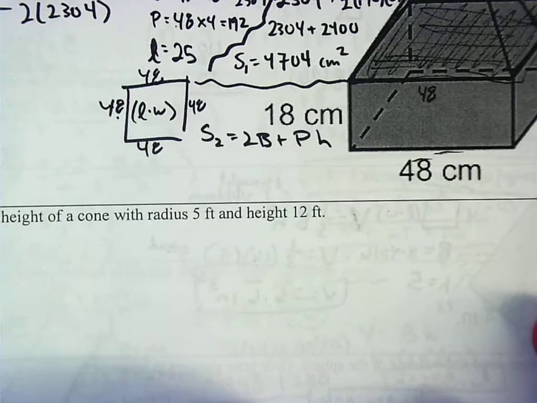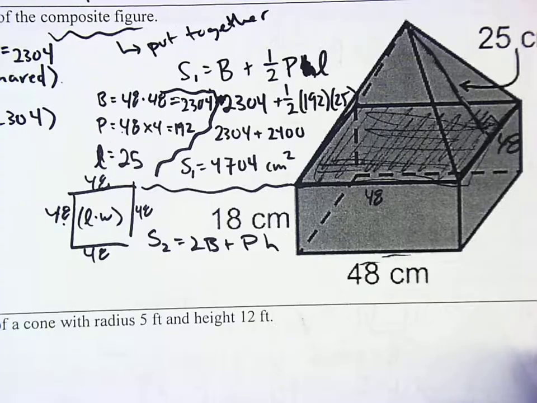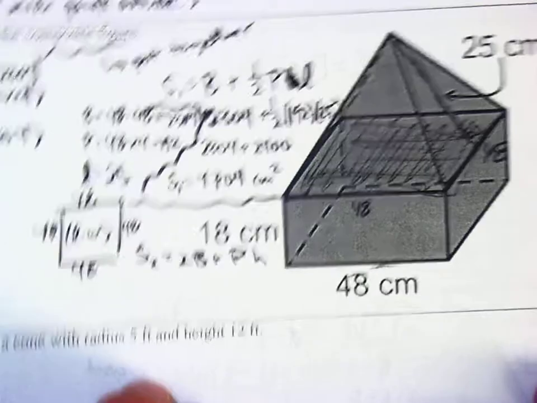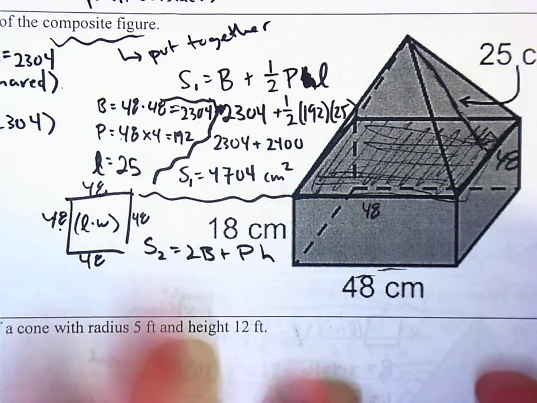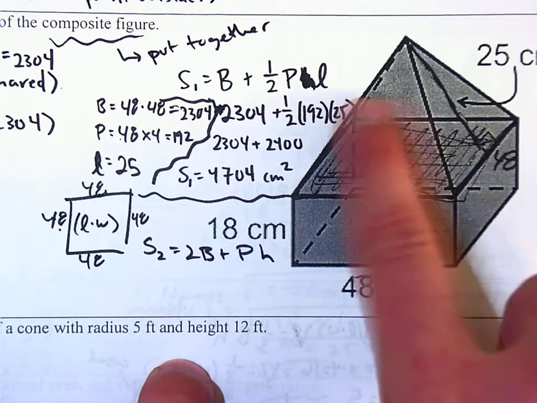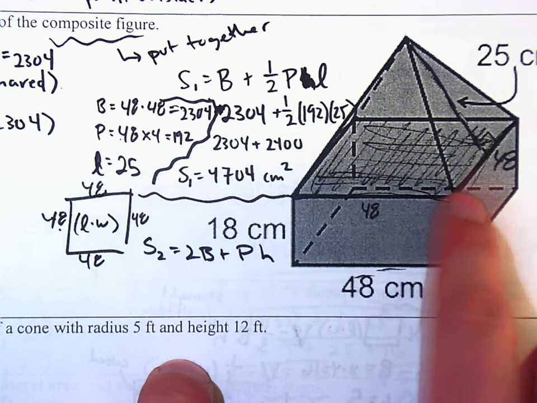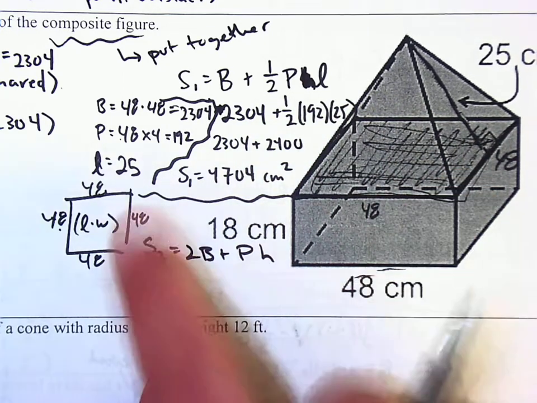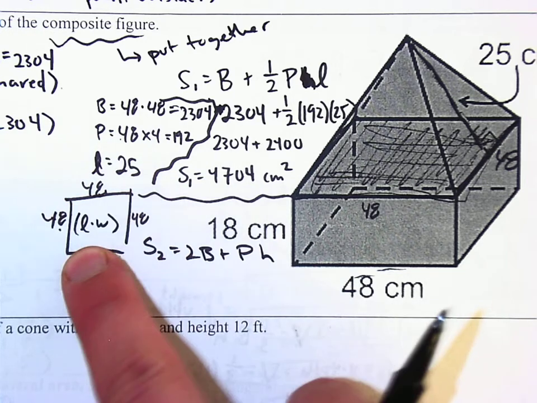S2 is 2B plus perimeter times the height. Let's think about this logically. The big B, the area of the base of this prism, is this square, and we already found the area of this square.